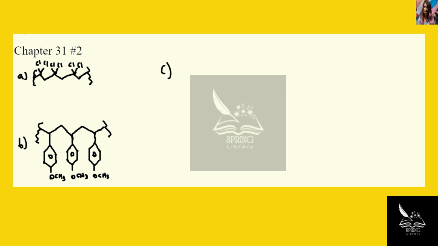So then for C, the monomer that we're given is going to be this. So we can do that.